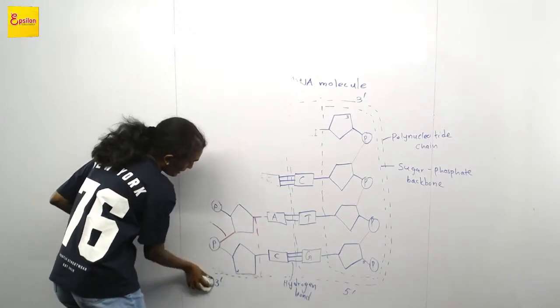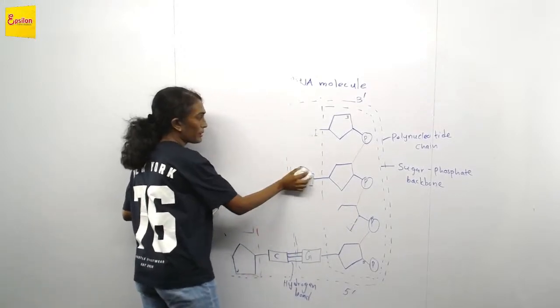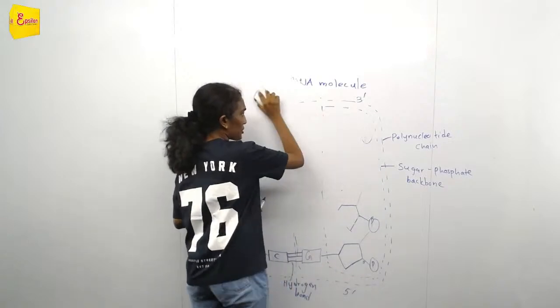This is a question in the new syllabus 2021 paper: to describe the double helical structure of the DNA.